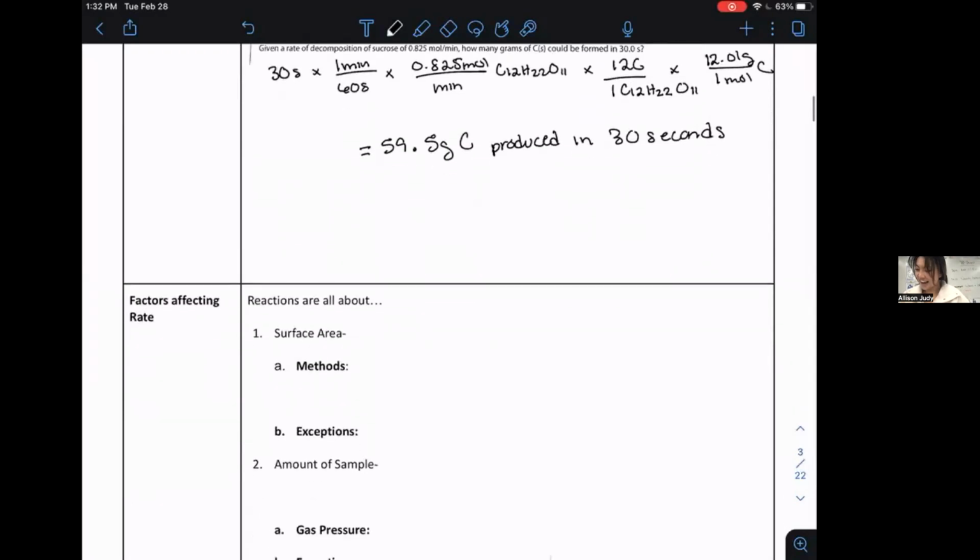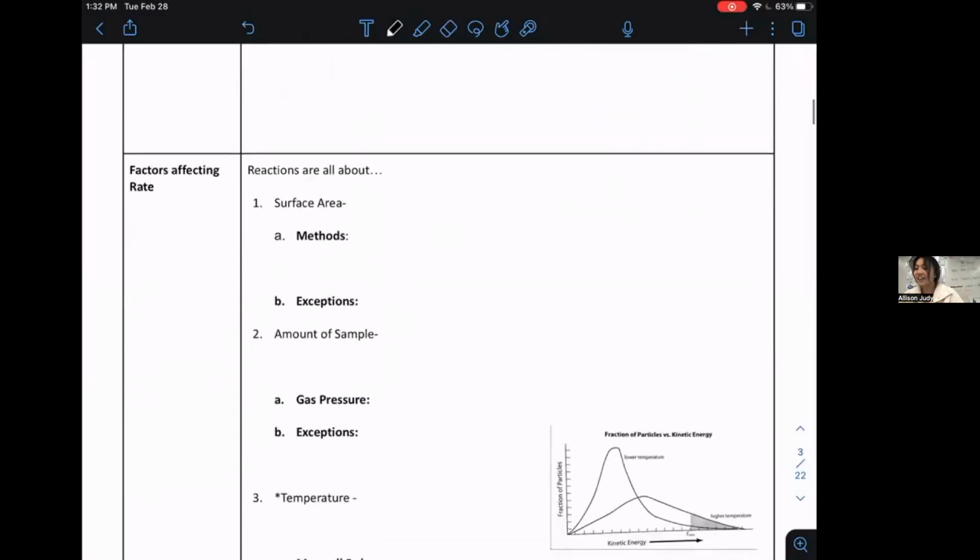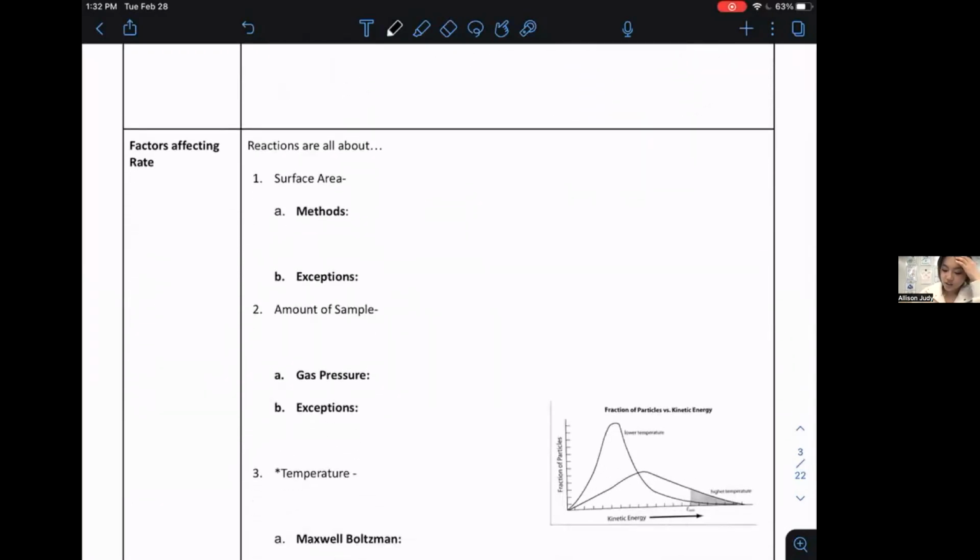Okay, so let's talk about some factors that affect rate of reaction. Reactions are all about particle collision. Surface area is one way that we can increase the rate of reaction, particularly when we have reactions that are heterogeneous.